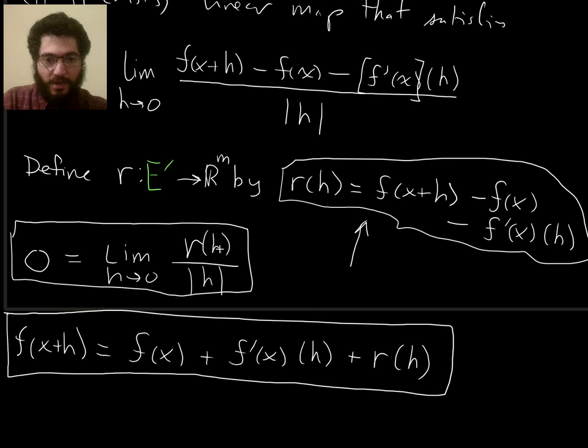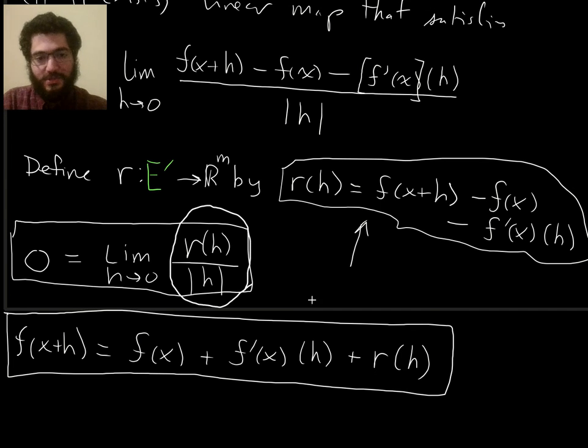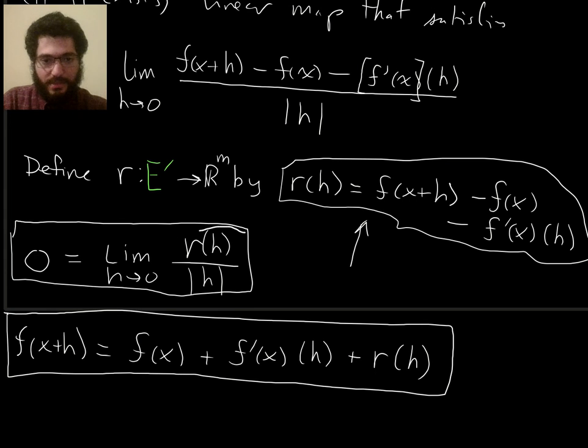And it gets small very fast. So it's not just that r of h limits to 0 as h goes to 0. No, it's more than that. It's that r of h over norm h goes to 0 as h goes to 0. So this goes to 0 fast enough to even defeat this thing going to 0 linearly in the denominator.